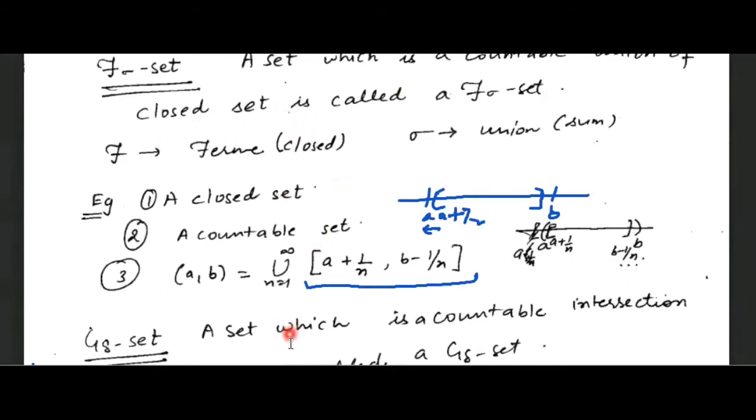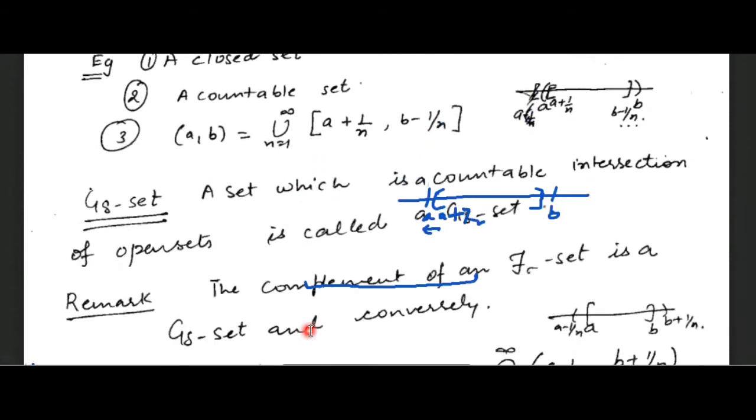Now the next is the G delta set. A set which is a countable intersection of open sets is called a G delta set. So basically, G delta and F sigma are complements of each other.